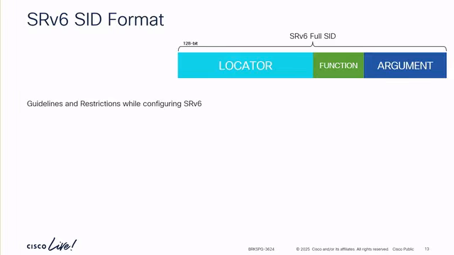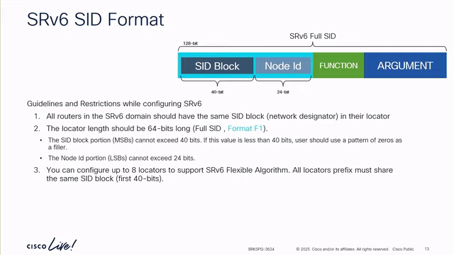The first part, which is typically 40 bits, is the SID block. This is just a prefix, so a /40 IPv6 prefix, which is common to all the routers in your network, right? But then you need to identify the router itself. So we have a node ID, which is different for every router.